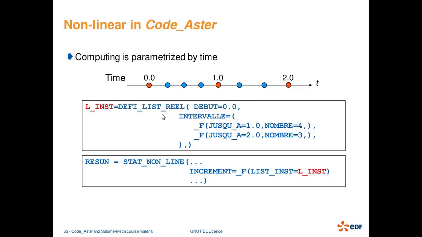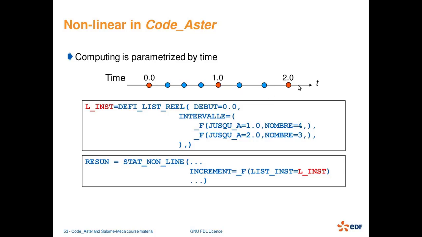And here we are defining a list of real where VALE is 0, that means the starting value is 0, and the interval is until 1, JUSQU_A is 1. Until I reach 1 I should give 4 steps, so NOMBRE is 4. So I have 4 steps to go from 0 to 1, and then onwards until 2, in order to reach from 1 to 2, here 3 steps are given, so NOMBRE is 3, so it is shown here.